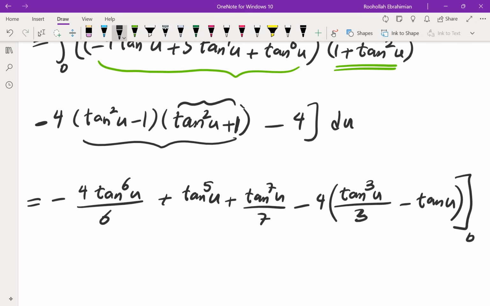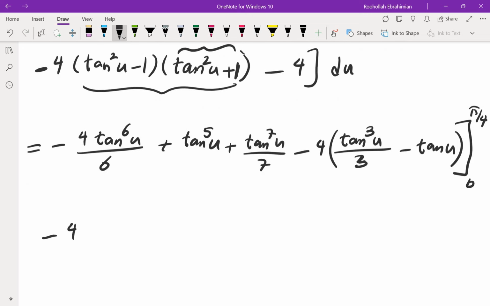All of that goes from 0 to pi over 4, and then minus 4u, again from 0 to pi over 4.